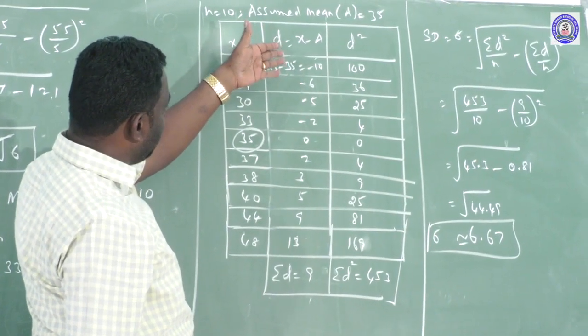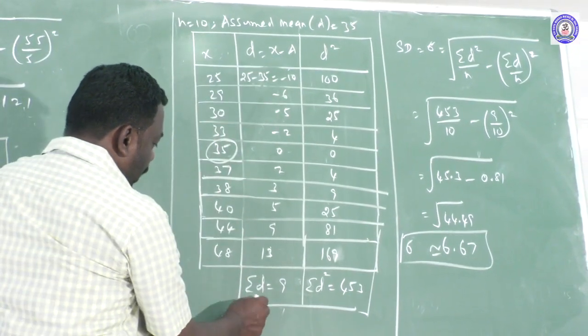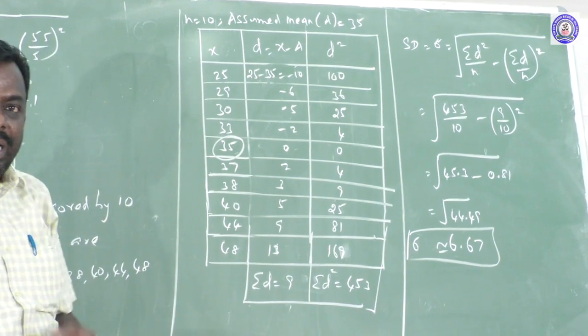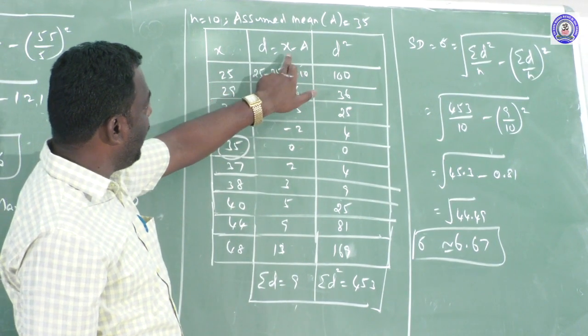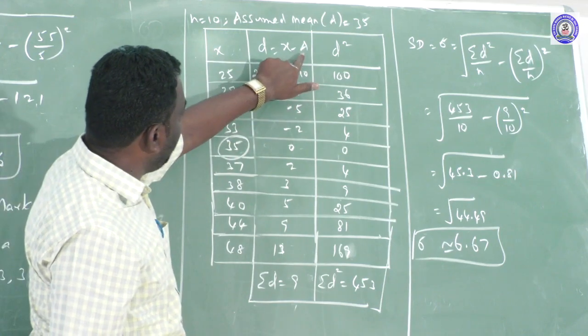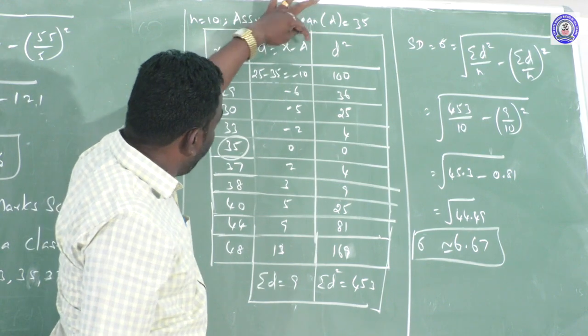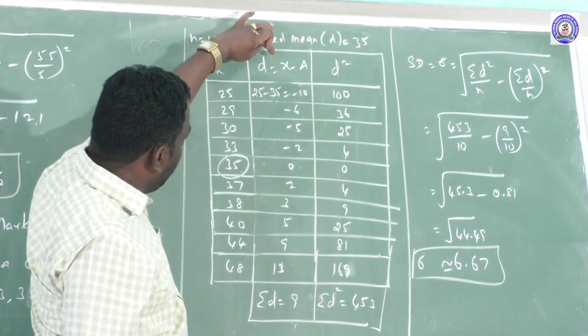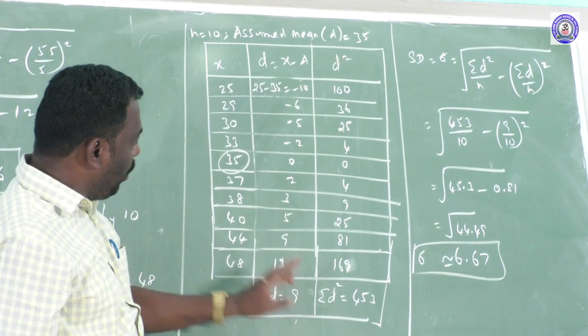Similarly we find each derivative d equal to x minus a, and finally the summation of d equal to 9.